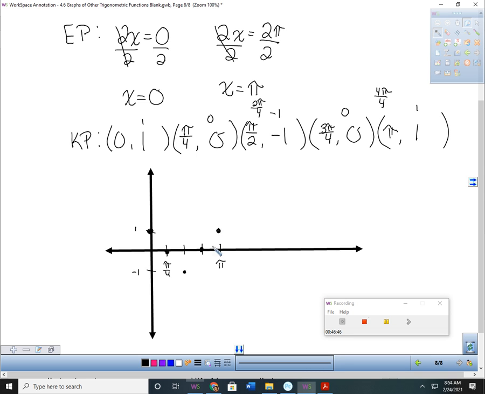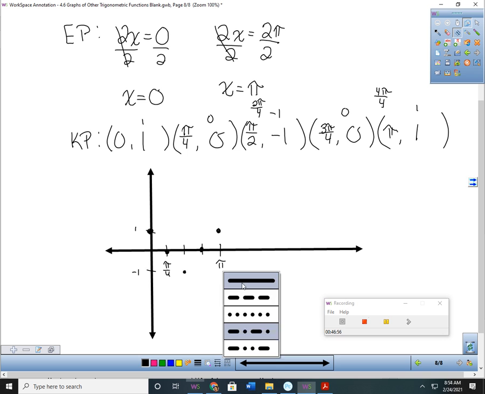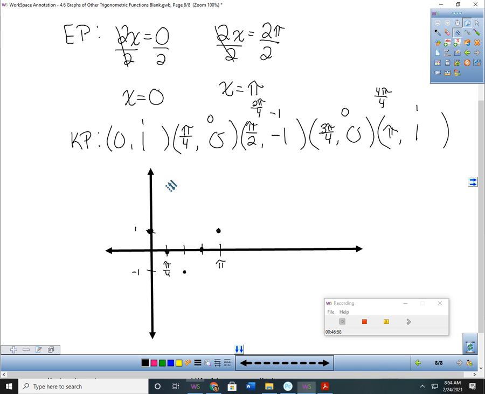Now, instead of drawing your curve like we normally would, we're going to put asymptotes where your x-intercepts are. So right here and right here, which my asymptotes are kind of wonky looking. Remember, the high and low points that are left are where you're going to be drawing.